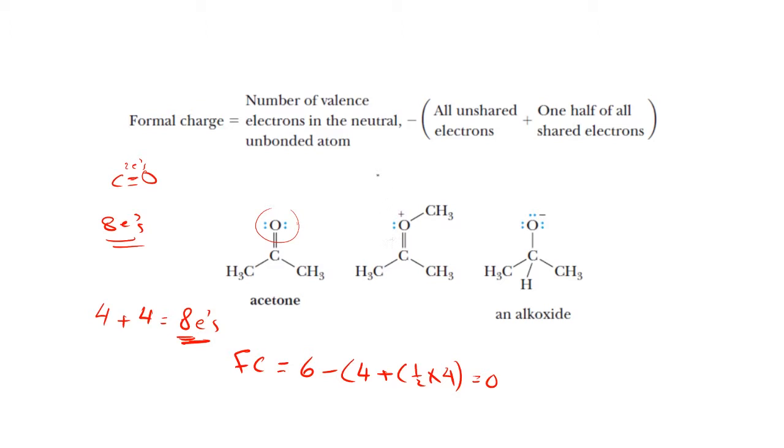Let's assign the formal charge for this compound instead. For the oxygen, the valence electrons are 6, minus the number of unshared electrons, which is 2 electrons, plus half multiplied by the number of bonded electrons, which is 1, 2, 3, 4, 5, 6, equal to 6.